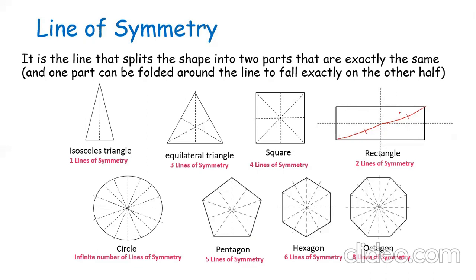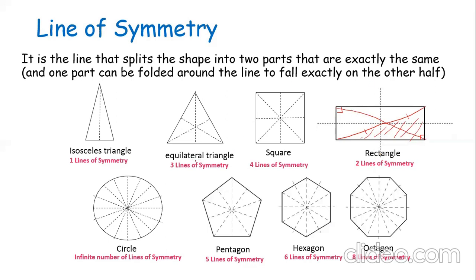However, we cannot turn, let's say, this triangle around this diameter to fall exactly on this other triangle we see here. So this is not considered a line of symmetry. Same applies for this one we see here. So the rectangle has only 2 lines of symmetry.